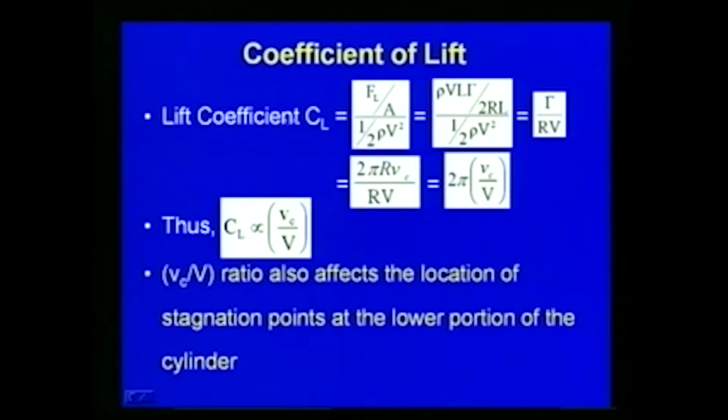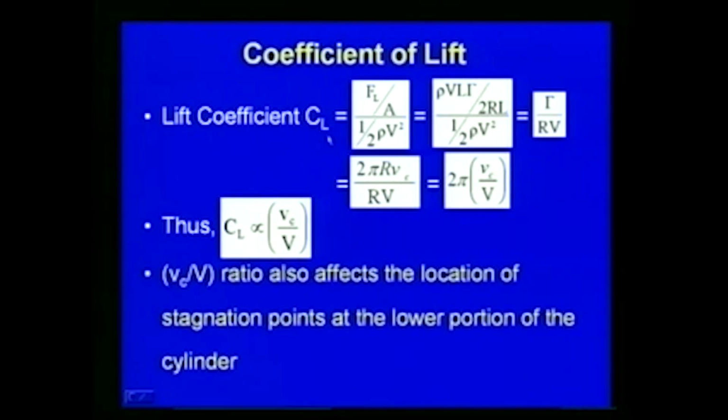So this is the lift coefficient CL, and now if you substitute for gamma with respect to the earlier discussion, we can write gamma is equal to 2 pi r Vc, where small Vc is the velocity on the periphery of the cylinder. So 2 pi r Vc by R V, which is equal to 2 pi into Vc by capital V, where capital V is the free stream velocity.